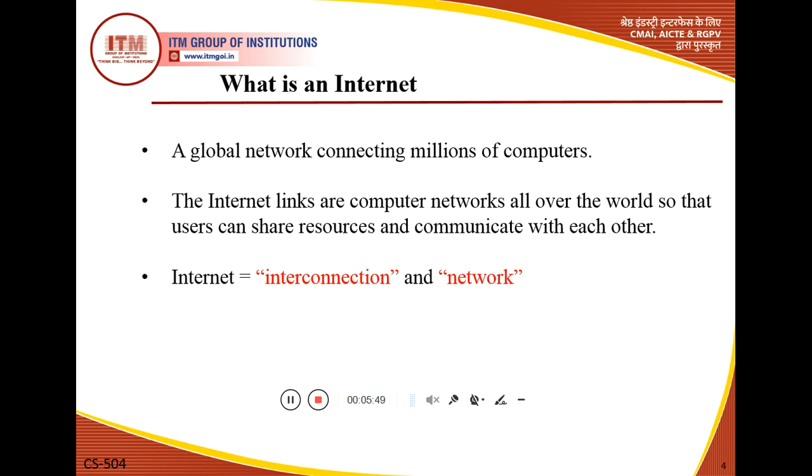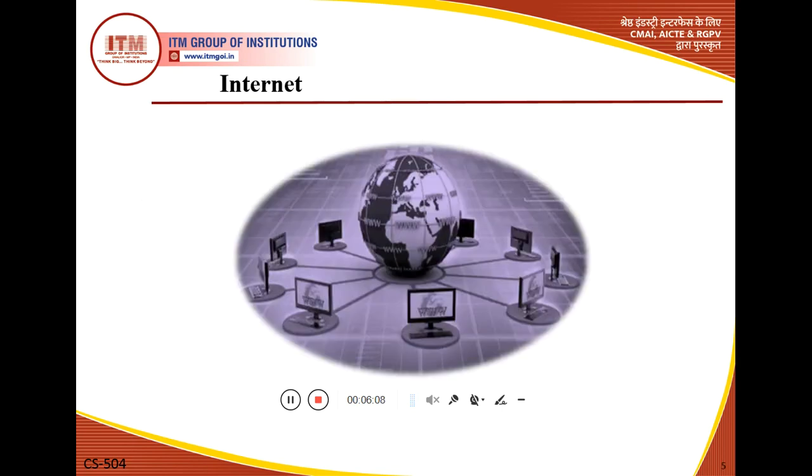And if we want to use a network across the whole world or over a long distance, this type of network is called WAN. So these are the three categories related to networks.